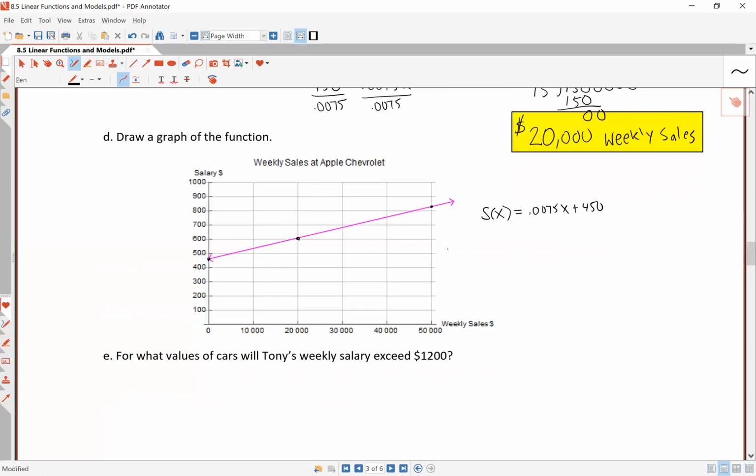And letter E, for what values of cars will Tony's weekly salary exceed $1,200? We see that for $50,000 in sales, his weekly salary was only $825.